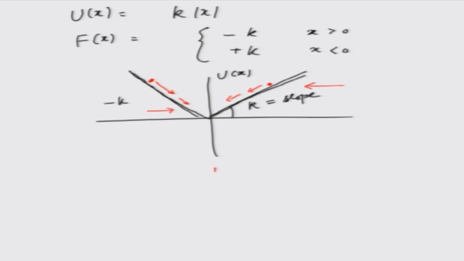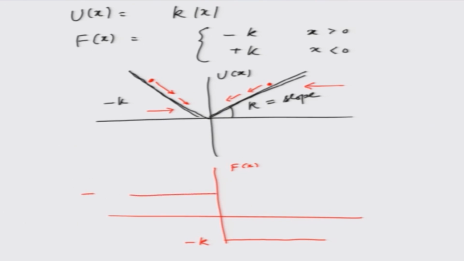And we have already seen that the force F(x) is minus k for x greater than 0 and plus k for x less than 0, and this is the force curve, x versus the force.